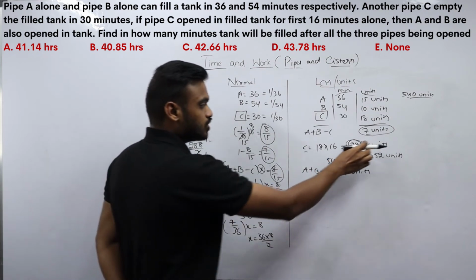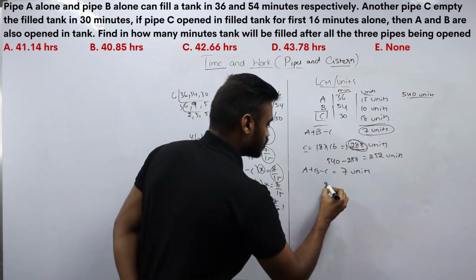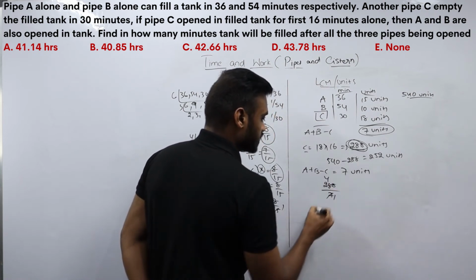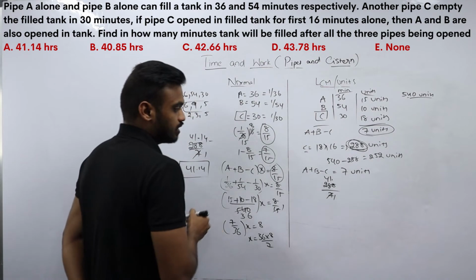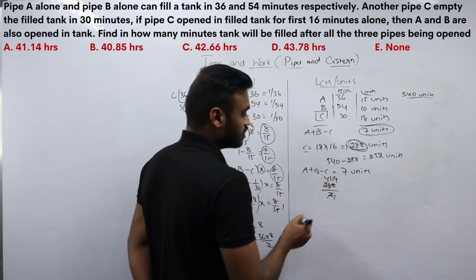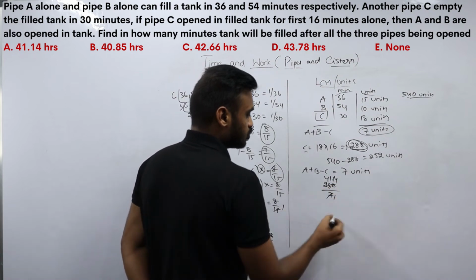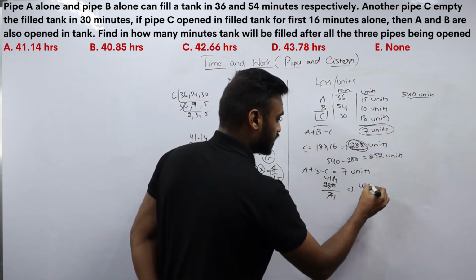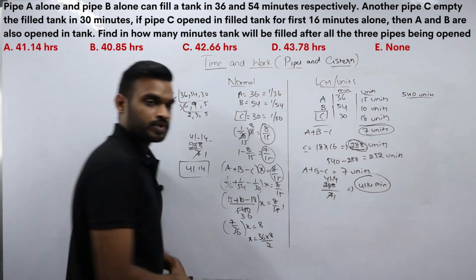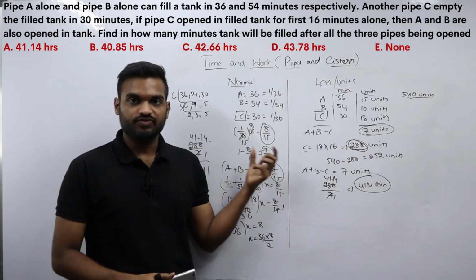So to fill this 288 units, they take 288 by 7, that is 41.14 minutes.